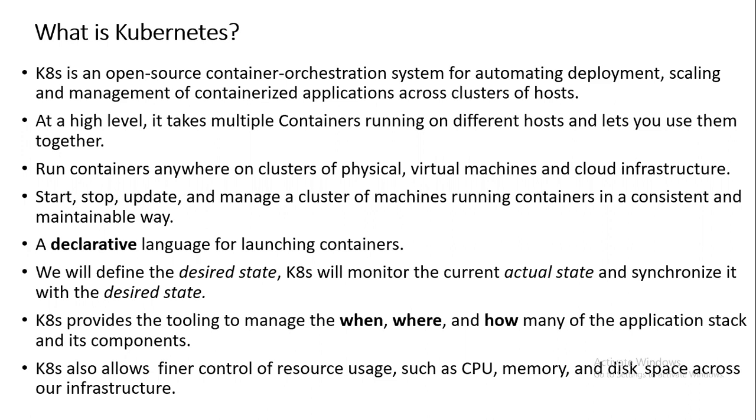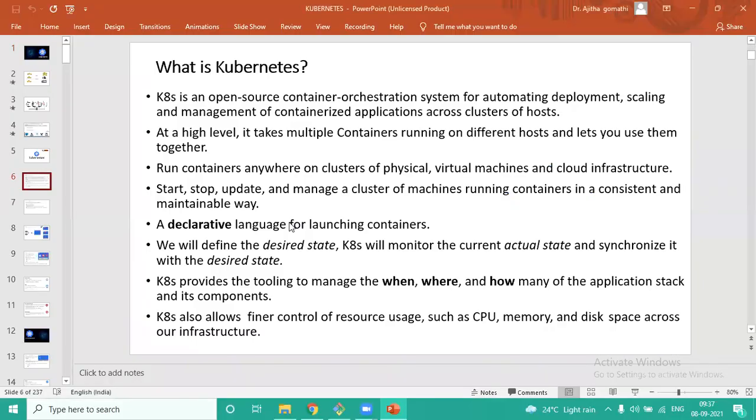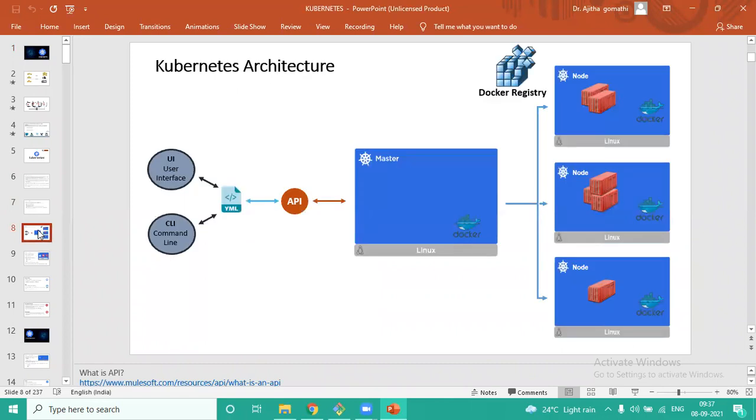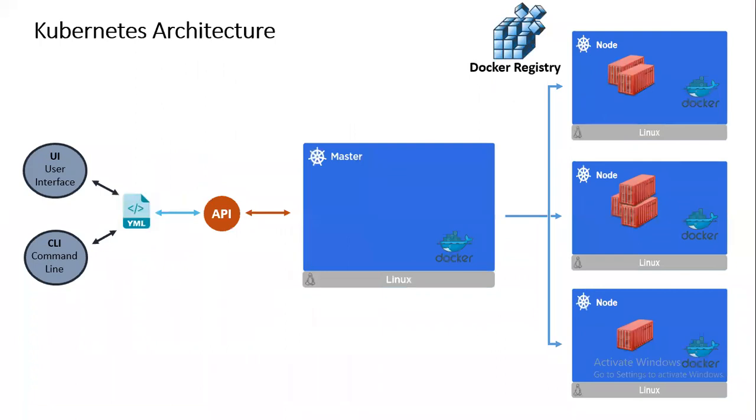Now, in this, what we need to know is the architecture of Kubernetes. When we talk about architecture, just like Jenkins, in Kubernetes you have two types of machines. One is called the master machine or control plane.